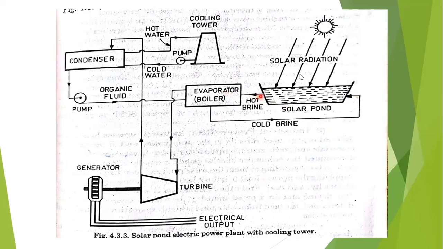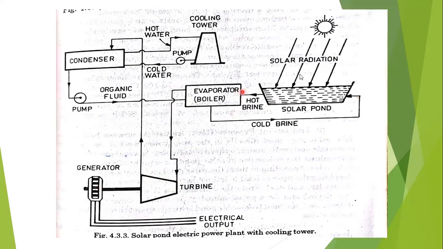The hot water you are taking turns into vapors. These vapors are at high pressure, and this high pressure is made to fall on the turbine. So they expand through the turbine and rotate it. Whenever the turbine blade starts rotating, as it is coupled to the generator, the generator starts moving and delivers electricity.